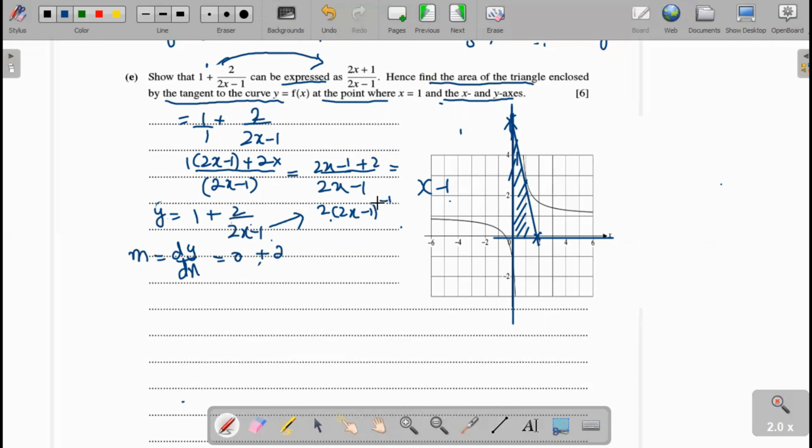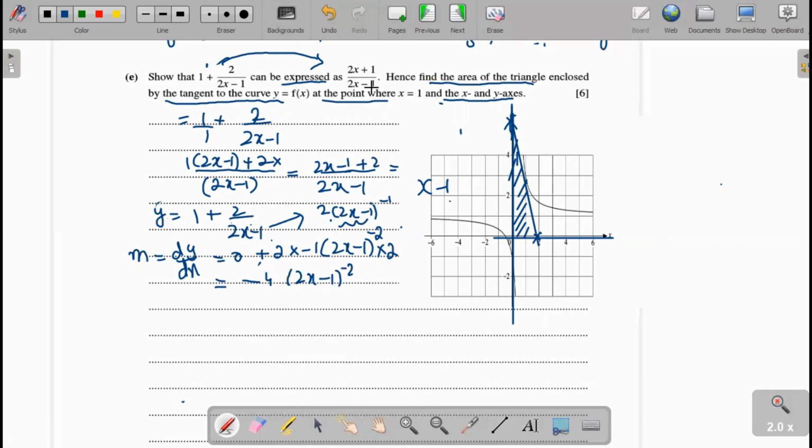Now we take the derivative. We get minus 1 into (2x minus 1) power minus 1 minus 1, that is minus 2, and we take the derivative again. We get 2 into 1, and therefore the value becomes minus 4 times (2x minus 1) power minus 2.